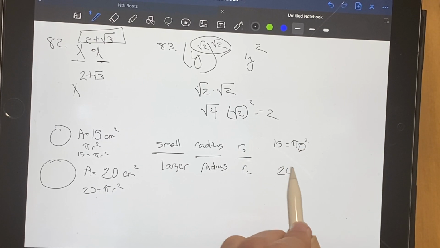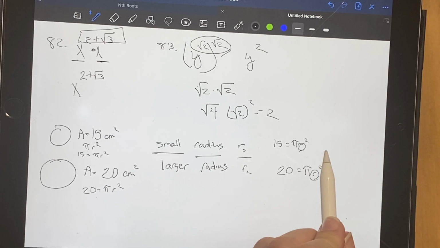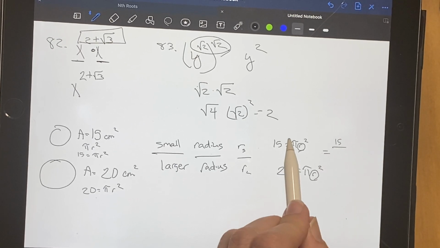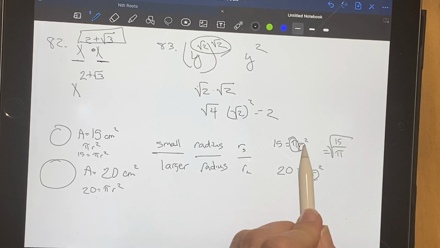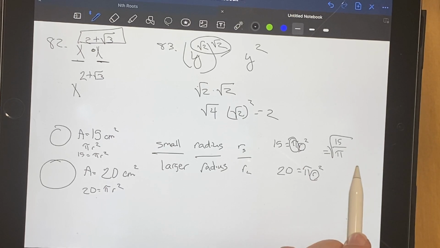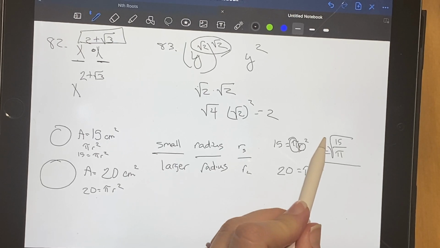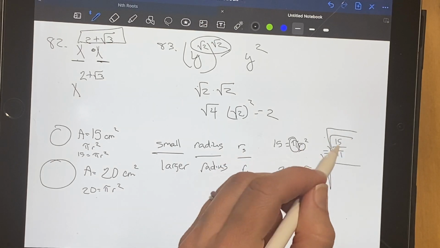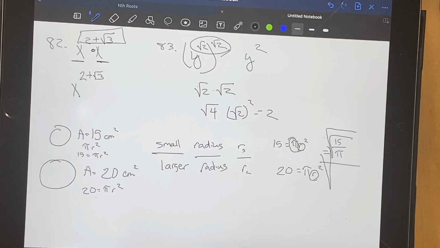On the bottom, we've got 20 equals pi r squared. Again, I'm solving for r. So my answer for r on the top, I've got 15. I'm going to divide both sides by pi, 15 over pi, and I'm taking the square root of it. So we're going to do the same thing for the bottom, and we're going to set those up as a ratio. They are both square roots, which means we can make one giant square root of our numbers underneath, and then we can simplify that big fraction. So that's how you're going to work out number 91.